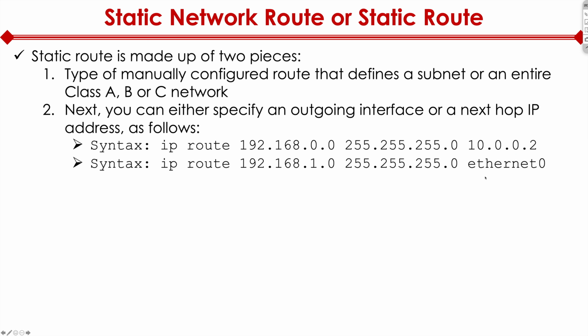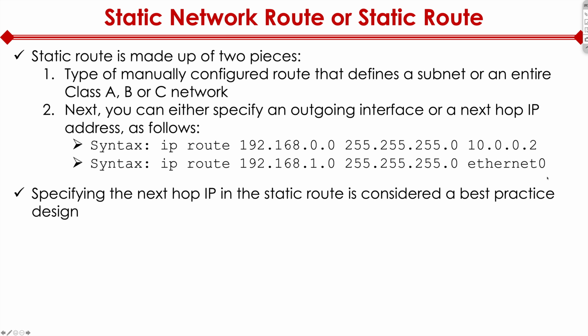Here's another example where instead of the next hop IP, we have the local interface specified. Specifying the next hop IP in the static route is considered a best practice design. Specifying an Ethernet interface, for example, is not considered good because if it's a point-to-point interface, you're fine.